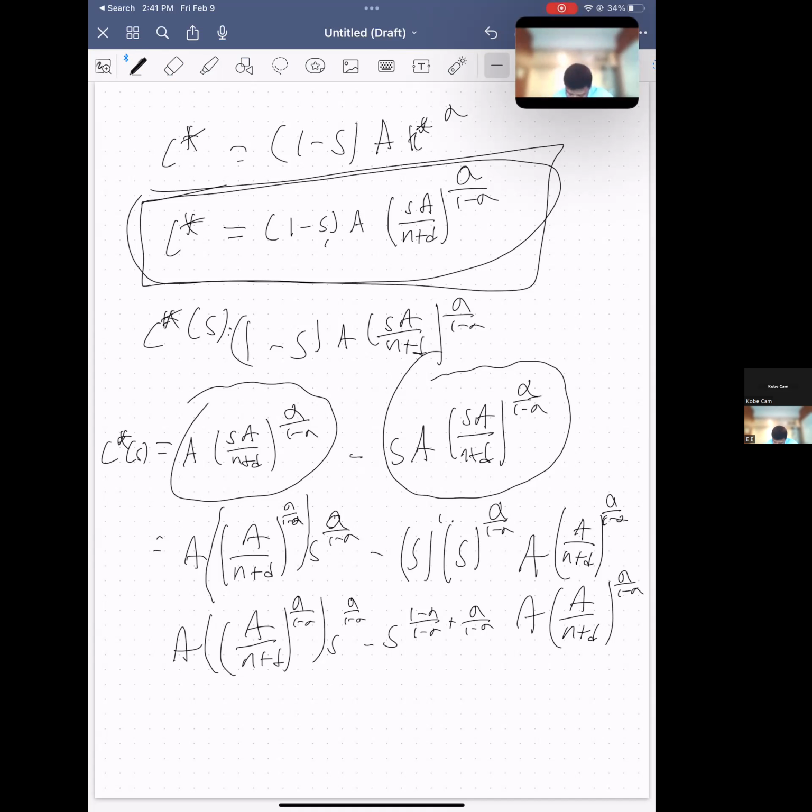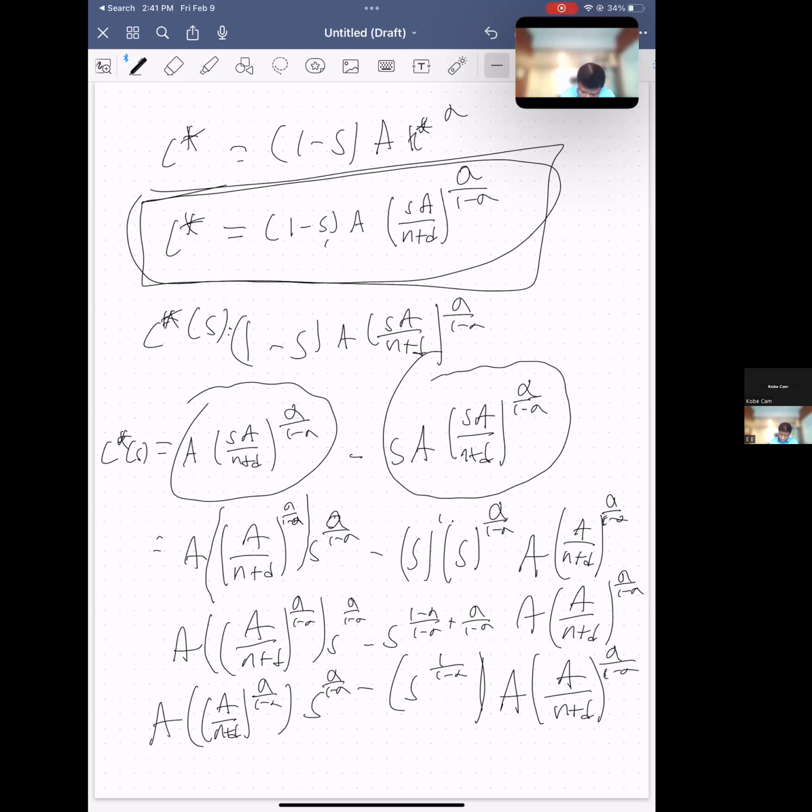If we add these together, we get S to the 1 over 1 minus a, times a over (n plus d), to the a over 1 minus a. Perfect.